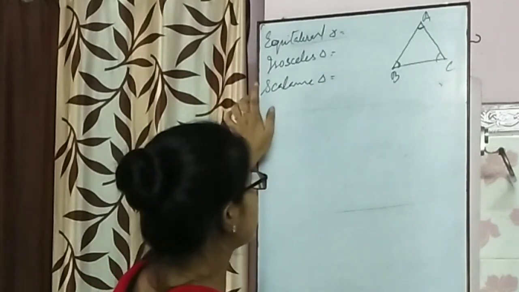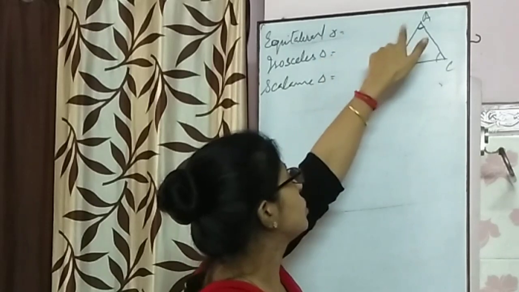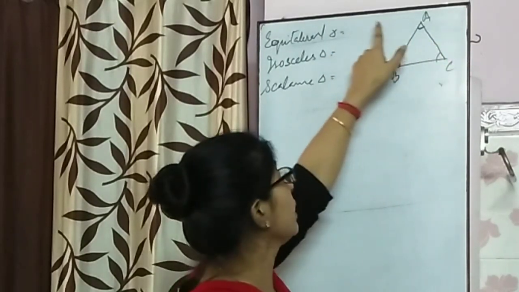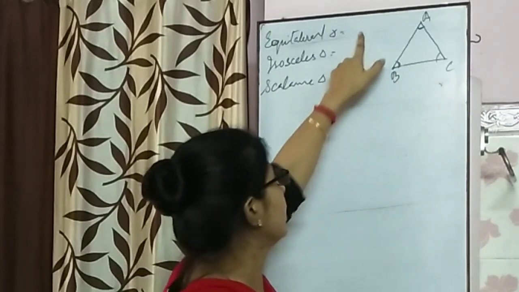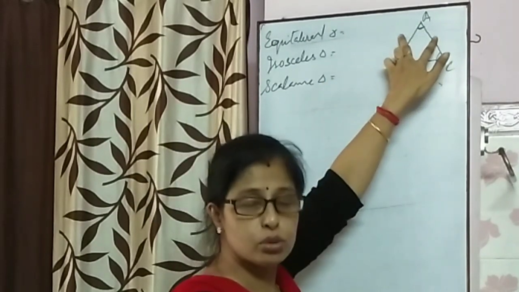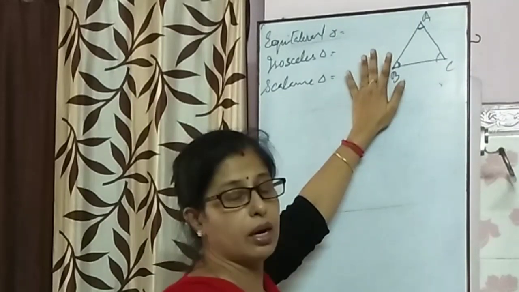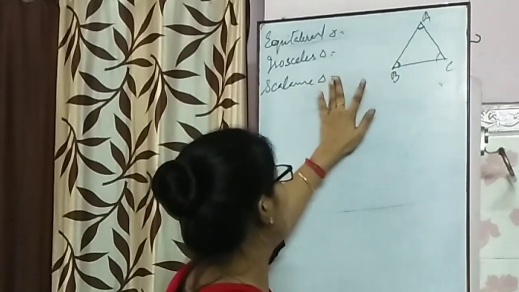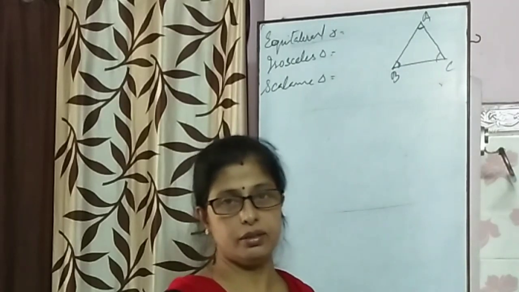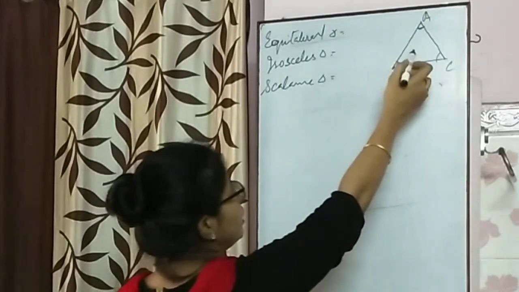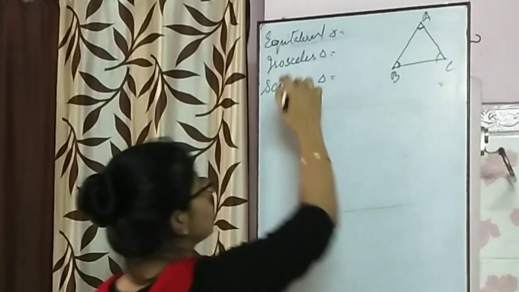When 3 sides are equal, then the triangle is known as equilateral triangle. When any 2 sides of a triangle are equal, then it is called isosceles triangle. When no 2 sides are equal, then it is called scalene triangle. So related to the sides we have got 3 definitions.